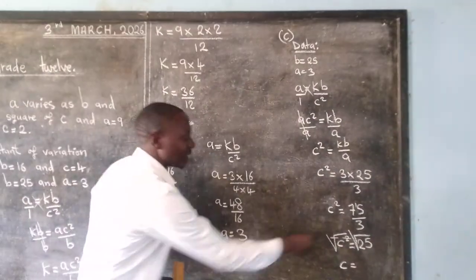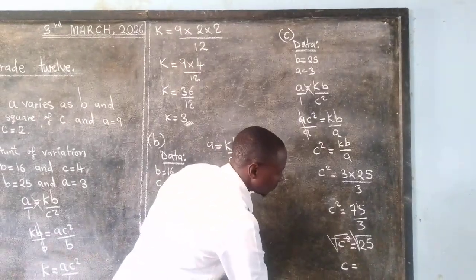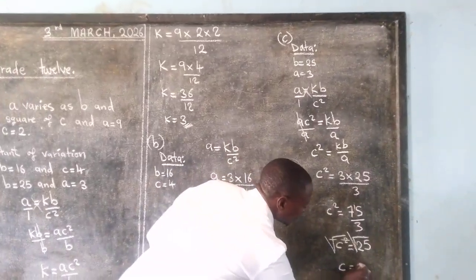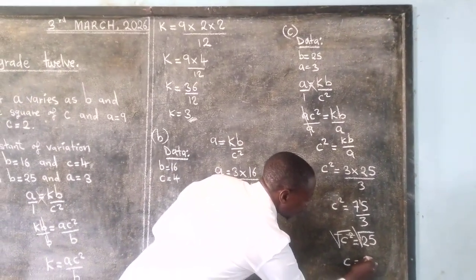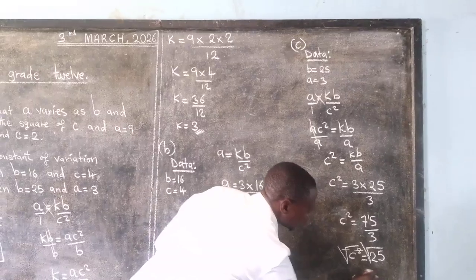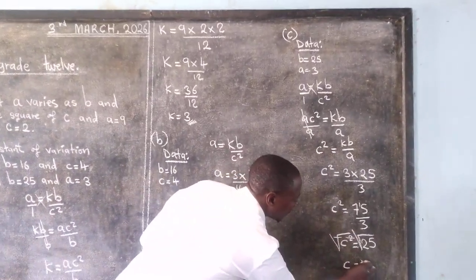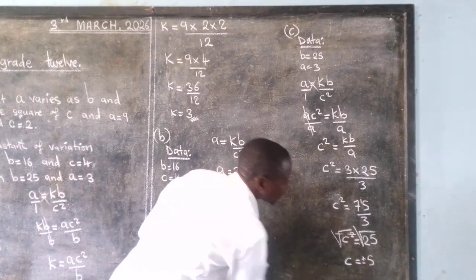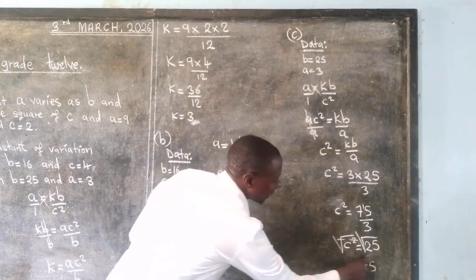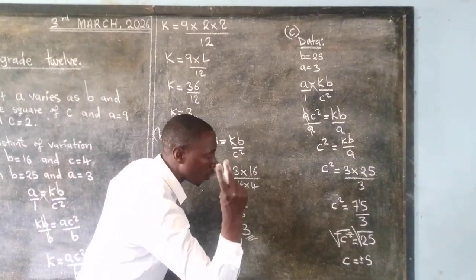What is the square root of 25? 5. But don't forget that because we have introduced a square root, we are going to have positive or negative 5. Which means we need to divide this answer of ours into 2.